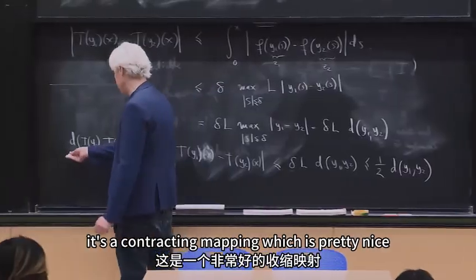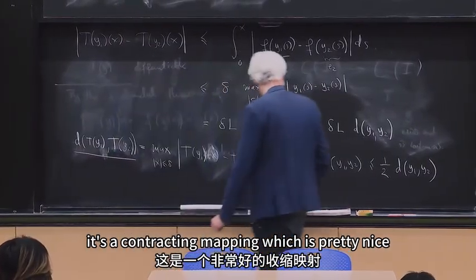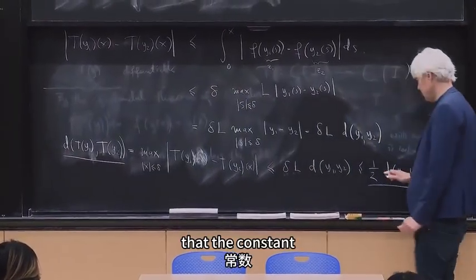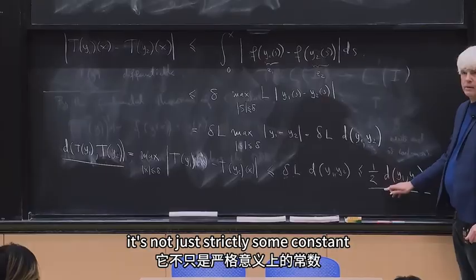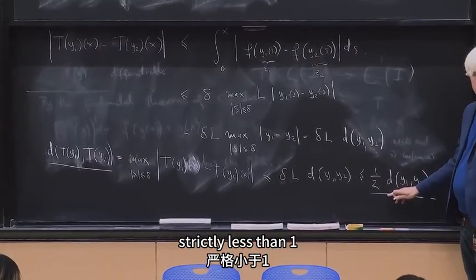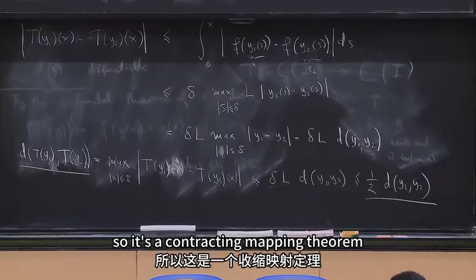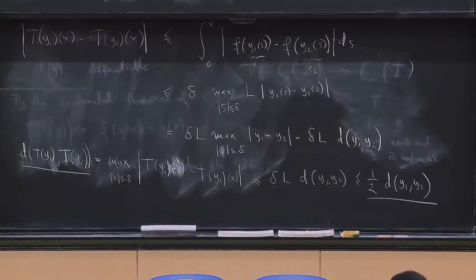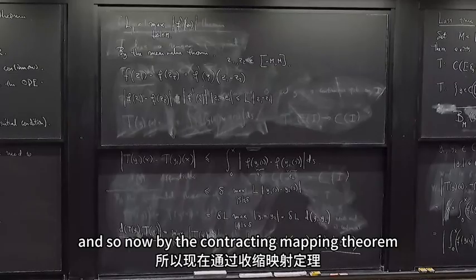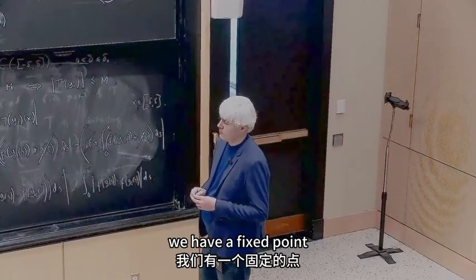And so you see, this is exactly what it means to be a contracting mapping. In fact, it's a contracting mapping which is pretty nice, that the constant is not just strictly less than 1, but it's actually a half, right? So it's a contracting map. And so now by the contracting mapping theorem, we have a fixed point, okay?